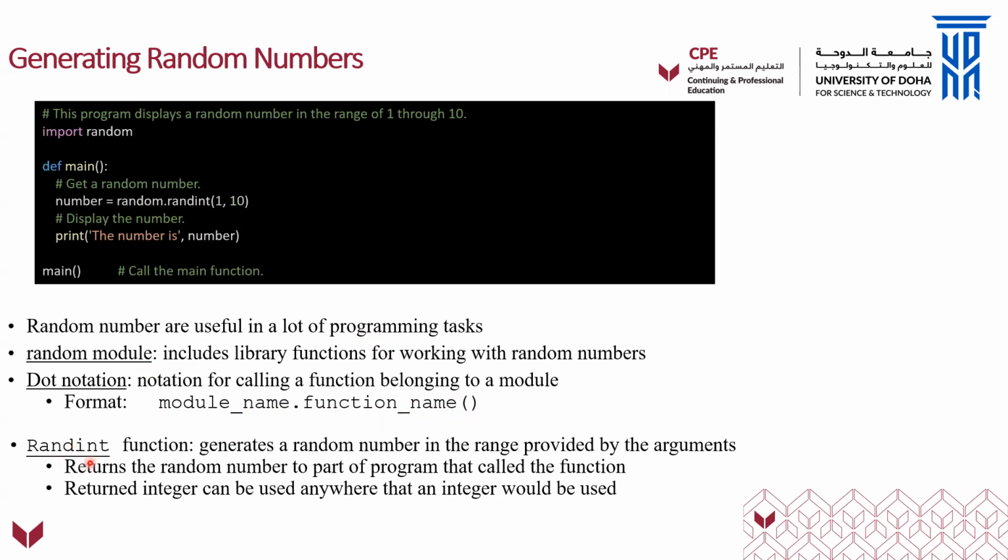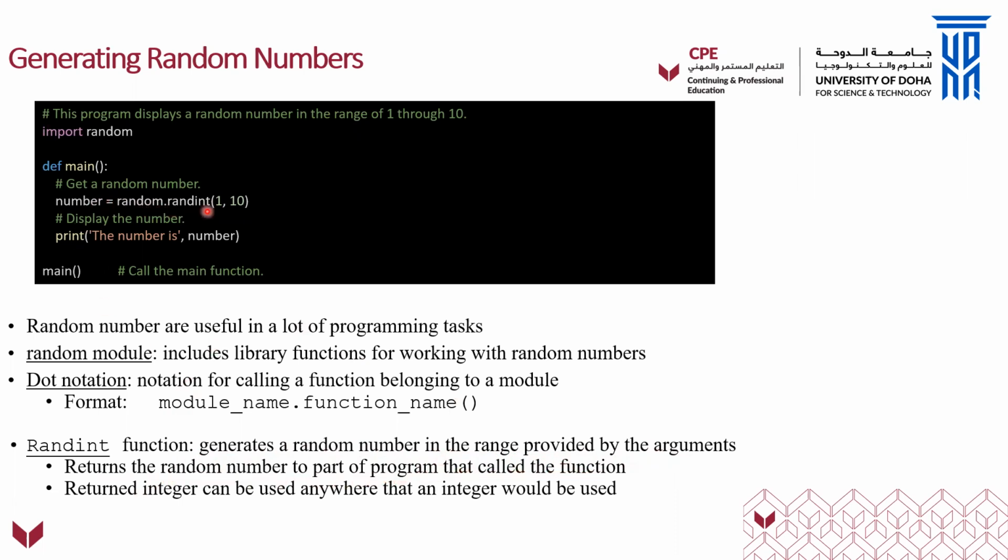Okay, what is randint, which is the function in use over here? Randint is a function which generates a random number in the range provided by the argument. So over here, you are requesting a random number that will vary from 1 up to 10. It returns the random number to the part of the program that called the function.